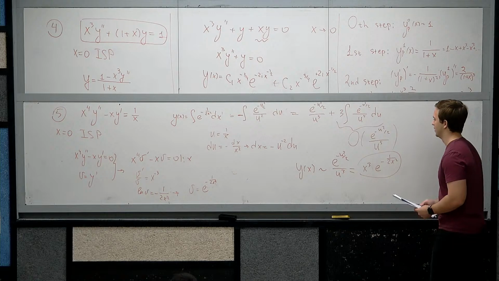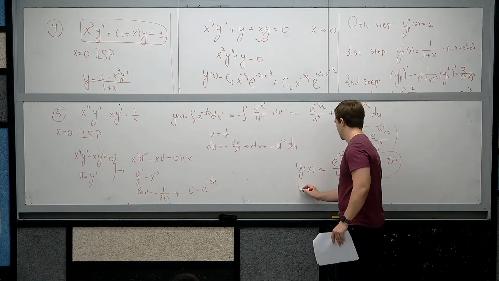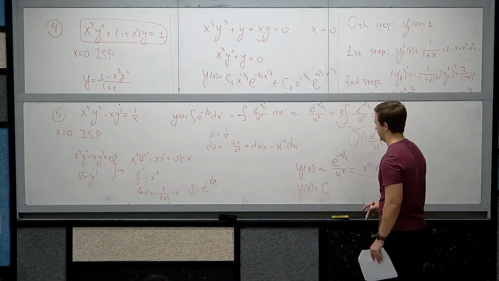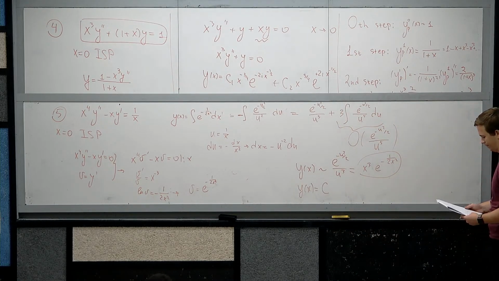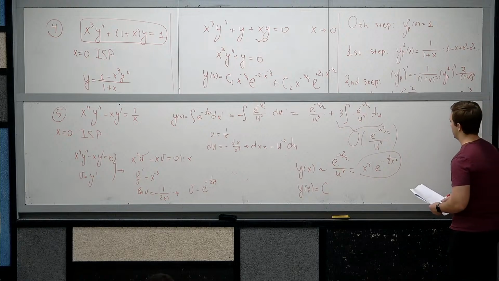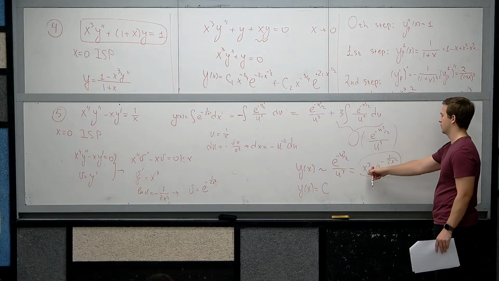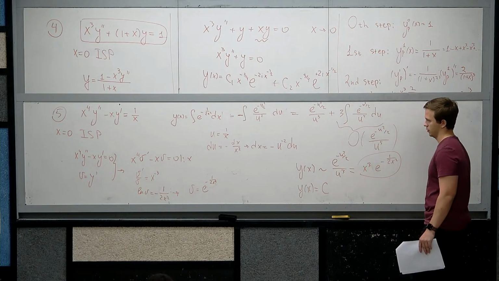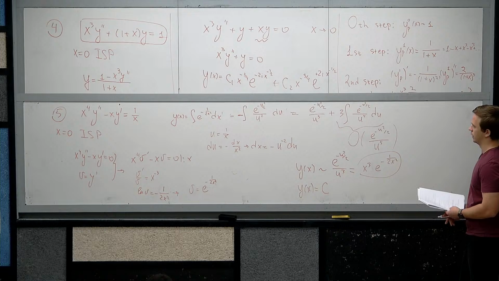So y constant is the second solution. So now we have two solutions of the homogeneous differential equation, right? So it's just C1 multiplied by this and C2 just a constant, right? And we want to find the particular solution.